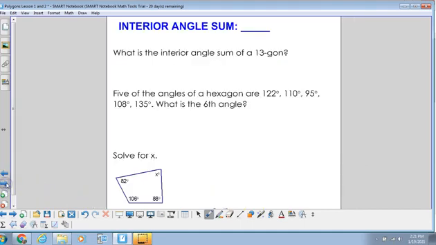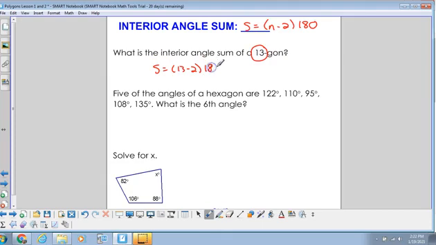Okay, so let's put this into play a little bit. Our interior angle sum is n minus 2 times 180, where n is the number of sides in the polygon. So, what's the interior angle sum of a 13-gon? 13 would be our n, so our sum would be 13 minus 2 times 180.